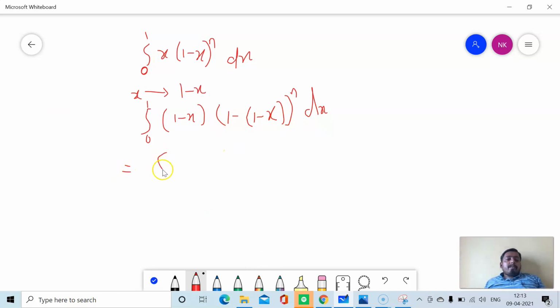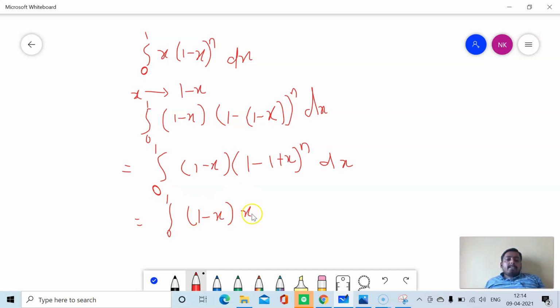Is equal to 0 to 1, 1 minus x, 1 minus, solving the bracket, 1 minus minus will become plus x to the power n dx. Okay, so 1 minus 1 is 0, is equal to 0 to 1, 1 minus x, and only x will stay here, x raised to n dx.